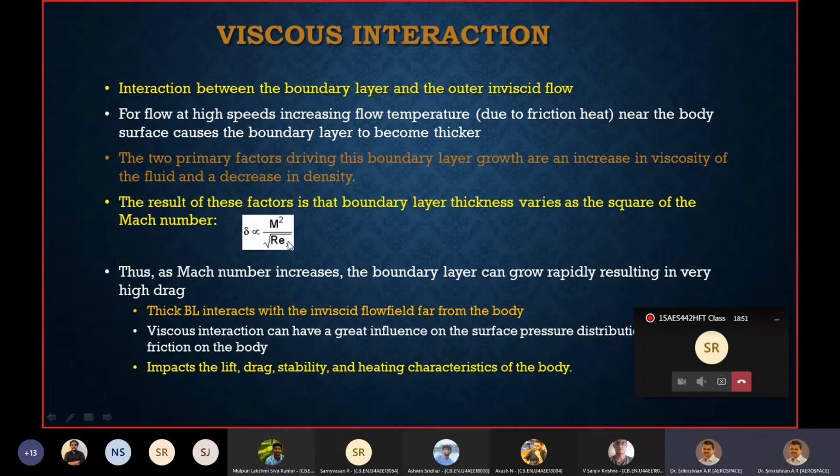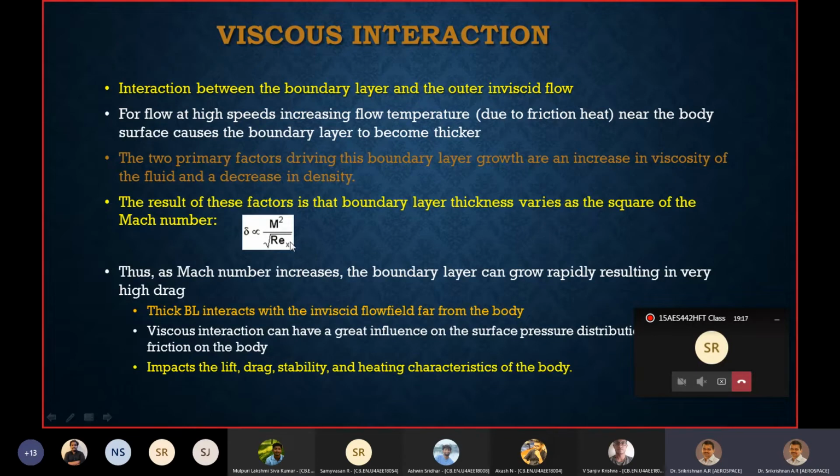Which means that the boundary layer grows very rapidly, which in turn means that the drag will be high. The viscous dissipation will be high, and the boundary layer will start interacting with the inviscid flow field. And because of this, all the aerodynamic properties, drag, stability, and also the lift, etc., will be significantly impacted.